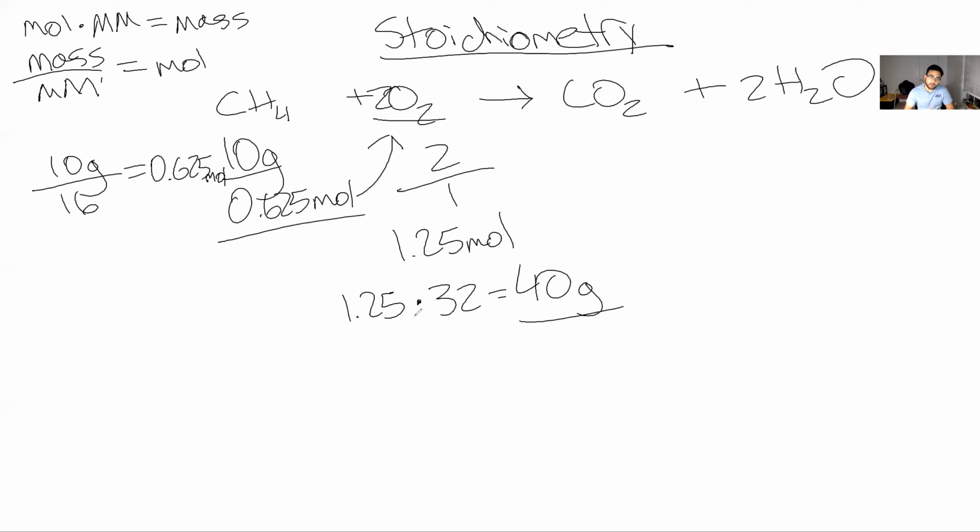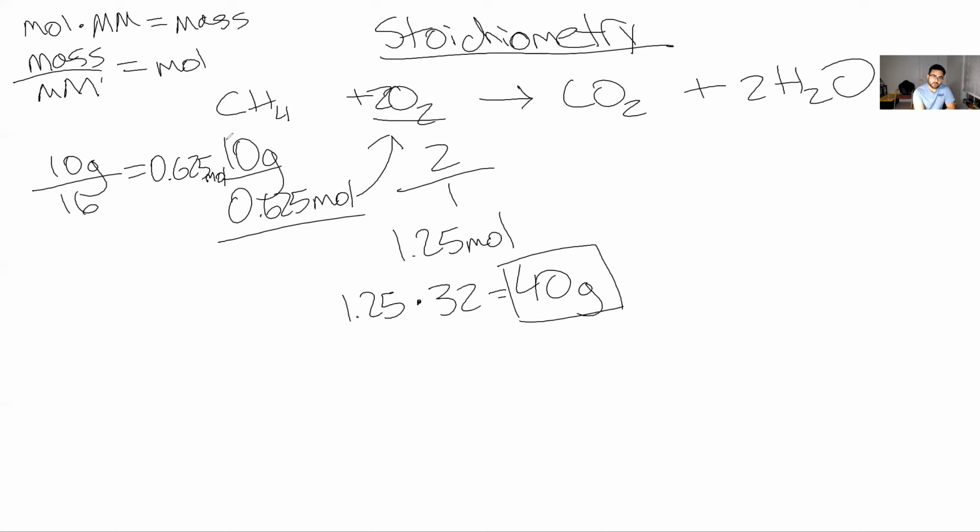Also, this is something that might be interesting for you. If I have more than 40 grams of oxygen present, then CH4 is what's called a limiting reactant. What that means is the reaction is limited by the amount of the limiting reactant, which in this case is methane.